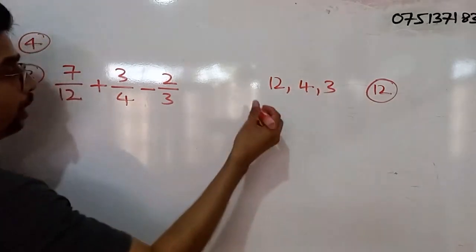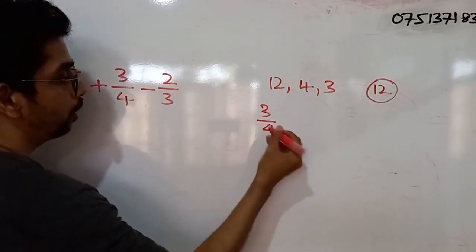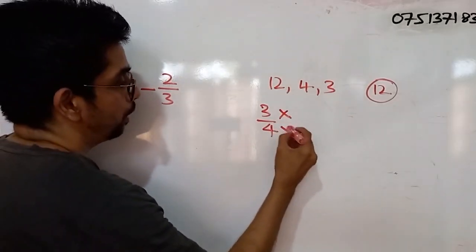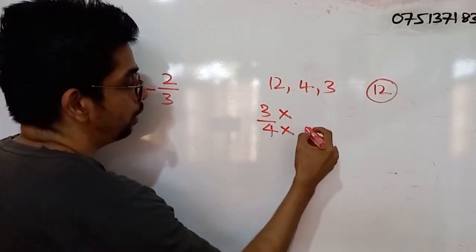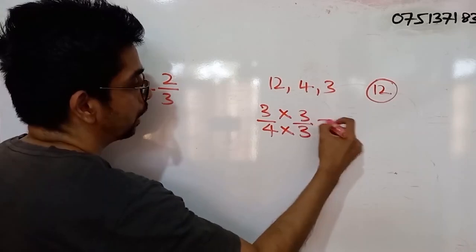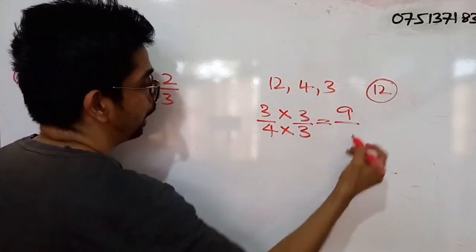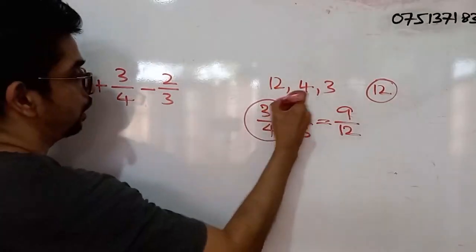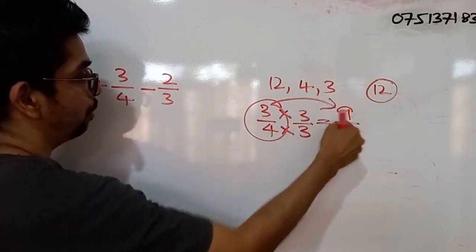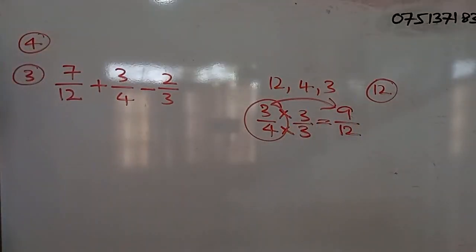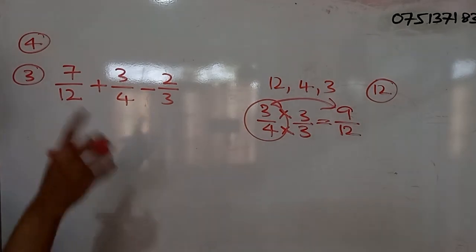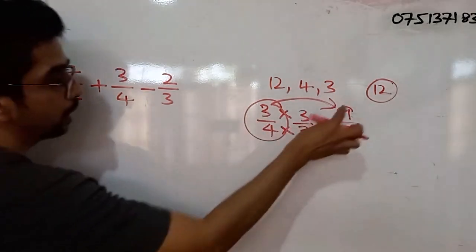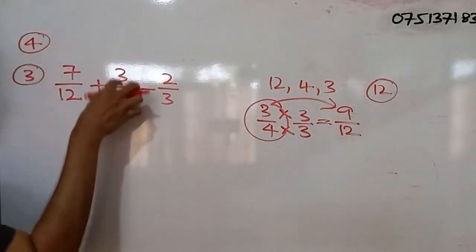So here I don't have to do anything because the denominator is already given as 12. If we take 3 by 4, I have to multiply the denominator and the numerator by 3. So 3 times 3 I get 9, 4 times 3 I get 12. So 3 by 4 and 9 by 12 are equivalent fractions. So I can use 9 by 12 instead of 3 by 4.